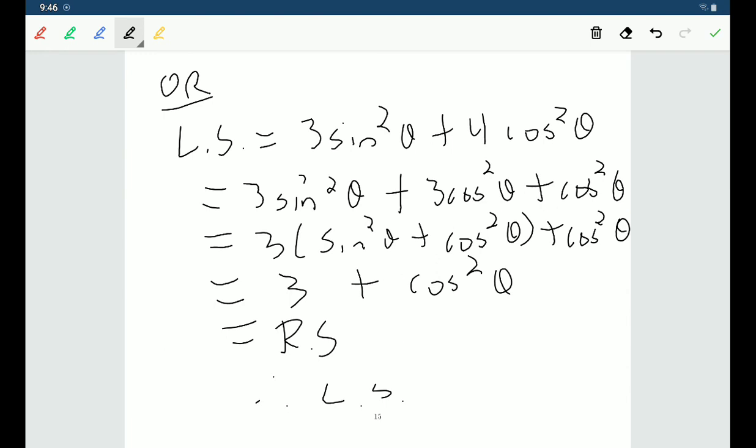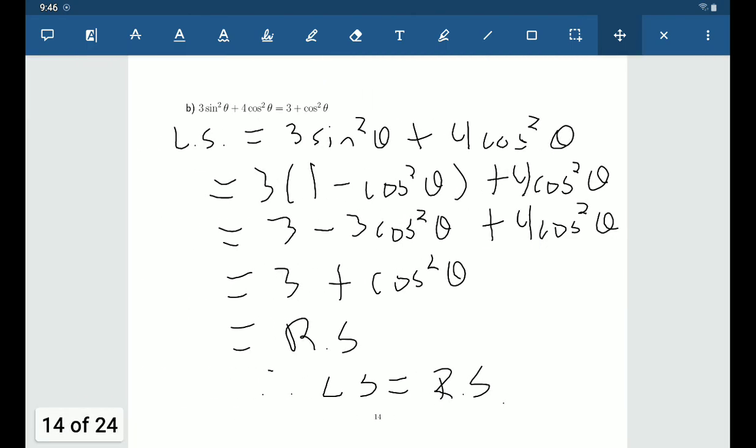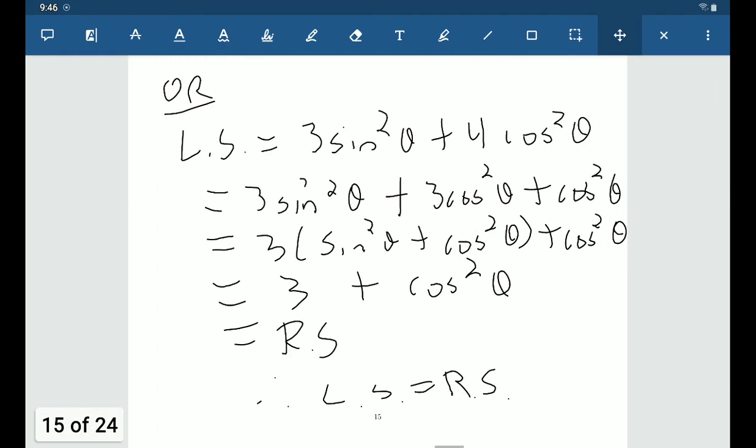So this is a nice thing about establishing trig identities. There's not just one correct way to go from beginning to end, or only one possible sequence of steps that you could work through. One option that I worked with here was replacing the sine squareds with 1 minus cos squareds. The other idea that I had was trying to get a cos squared plus a sine squared with the same coefficient in the front so that I could factor that coefficient out and use my Pythagorean identity.